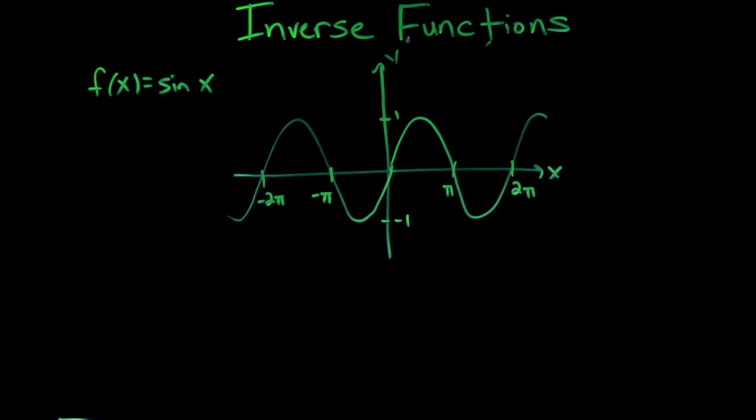So in order to define what we'll call the inverse sine function, just like with the example of x squared in the last video, we're going to have to restrict the domain to make it one-to-one. Okay, so what we will do is only look at the part of the sine graph that runs from x equals -pi/2 to x equals +pi/2.